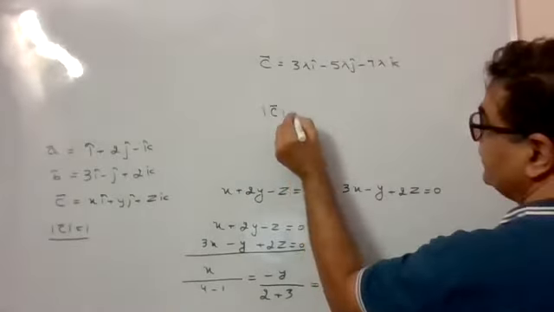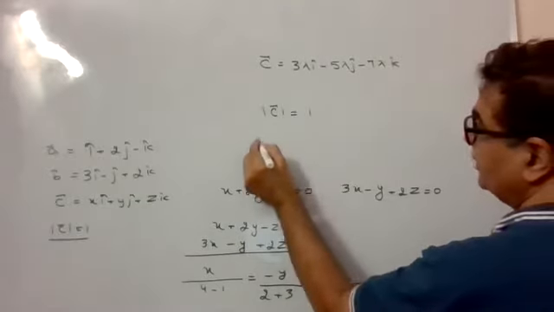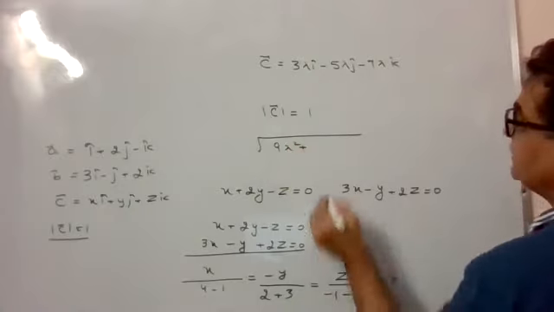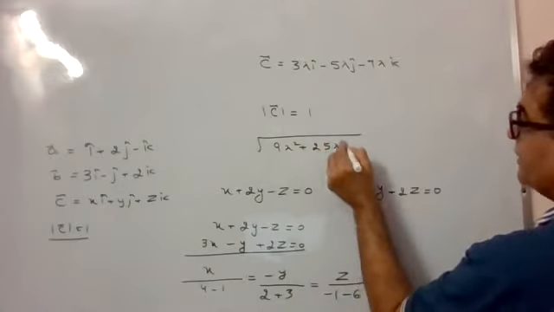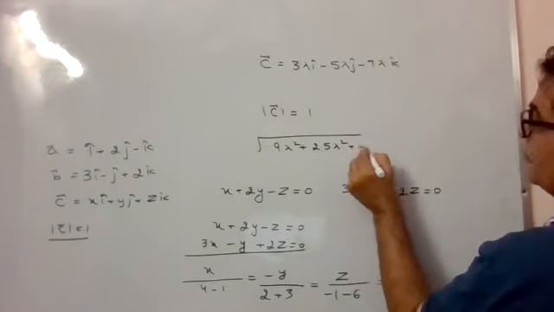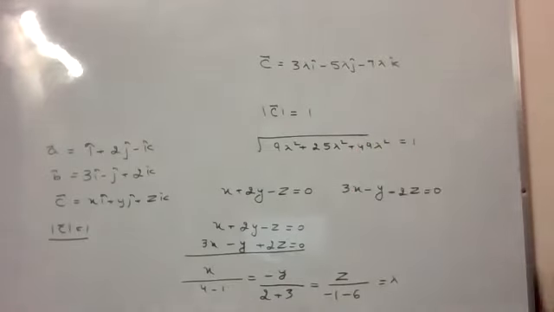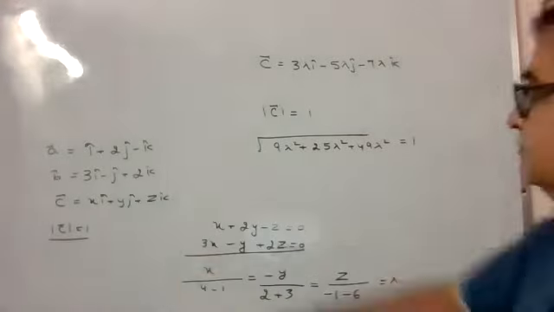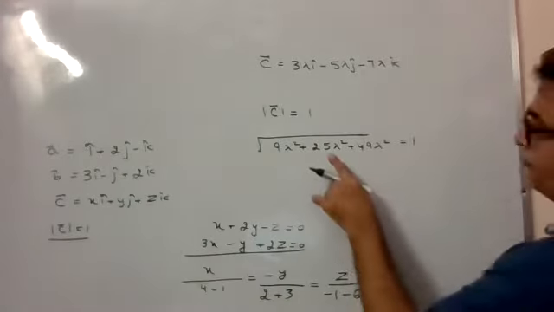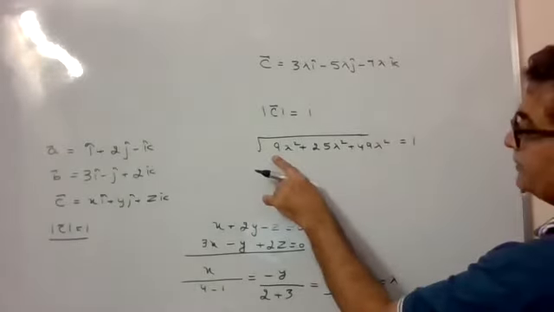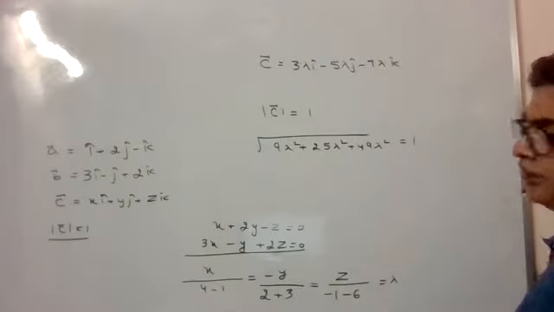So modulus C given as 1 means under root of 9 lambda square plus 25 lambda square plus 49 lambda square comes out to be 1. Now when we solve it, 25 plus 49 plus 9. 25 plus 9, 34, 34 plus 49.